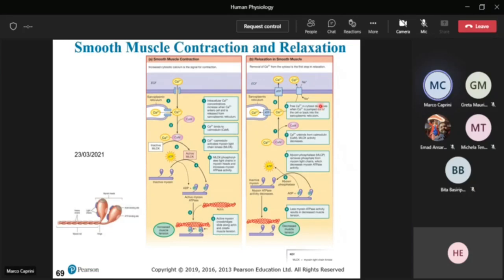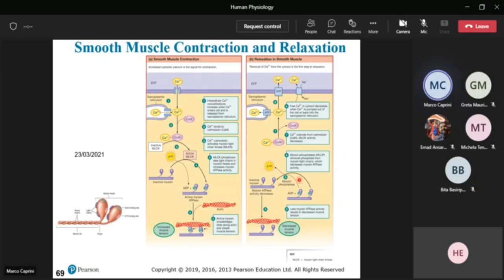In this right part, in the relaxation process, the dephosphorylation of the myosin light chain by the enzyme MLCP, the myosin light chain phosphatase, decreases the myosin ATPase activity.